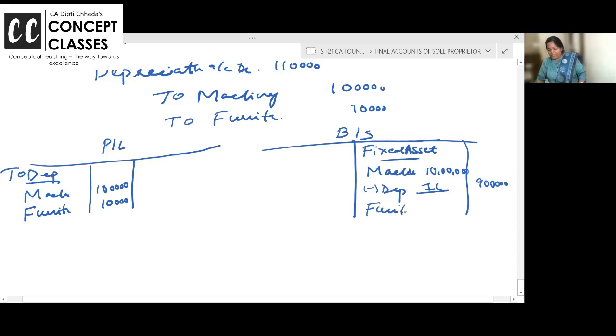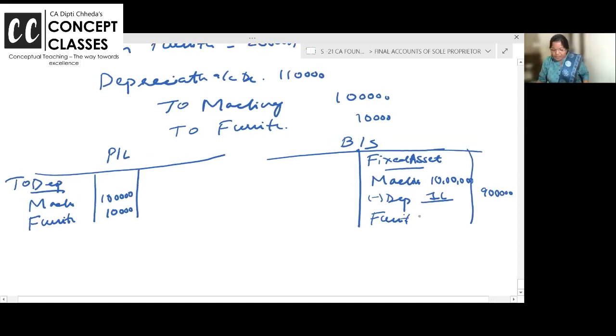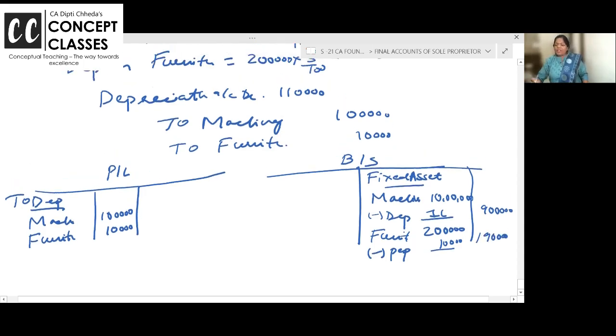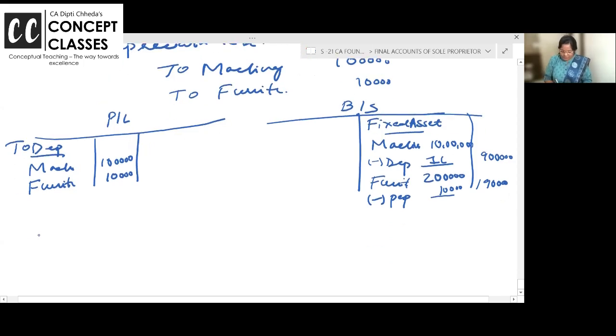Furniture. Are you all comfortable writing with me? Furniture की वैल्यू कितनी थी? 2 lakhs. Minus depreciation 5%, 10,000. 1,90,000. This is how it will appear. Depreciation. First effect is P&L account. Second effect is minus from the asset. If they give it as an adjustment. Option 2.